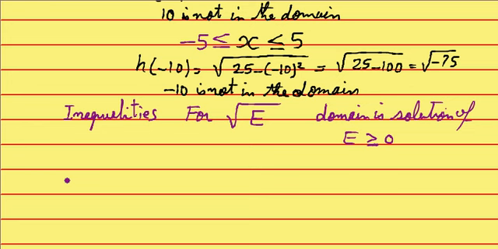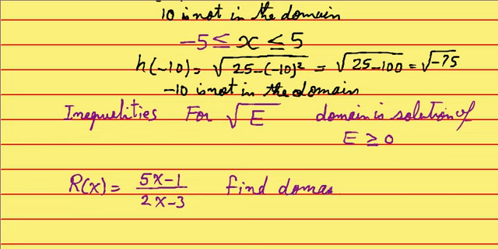Let's go ahead and take another problem. Suppose I call my function r of x, and make it 5x minus 1 over 2x minus 3. The question again is to find the domain of our function r. Well, there's no radical here, so we are not expecting to see any complex numbers or any problem of that sort.